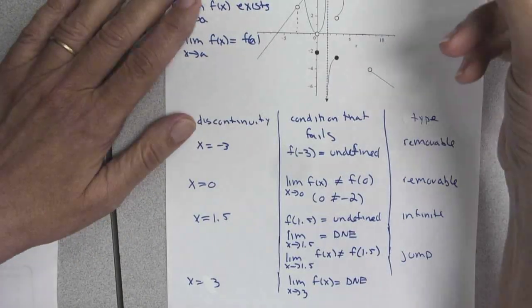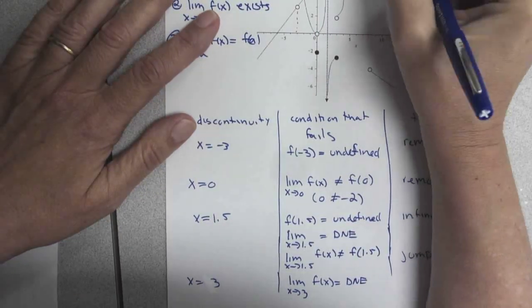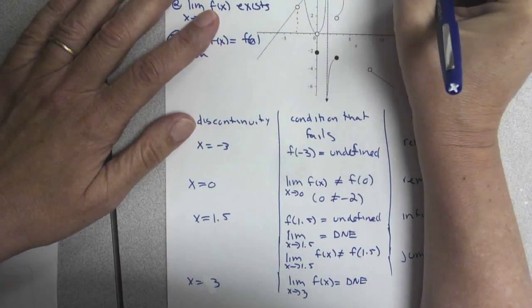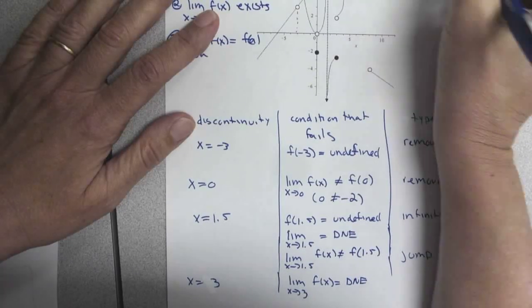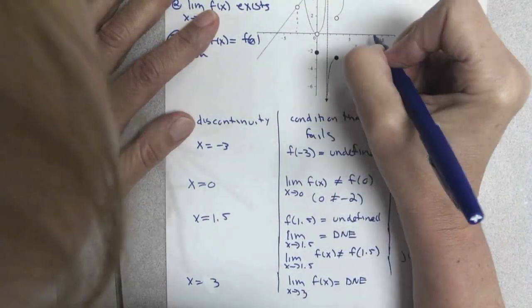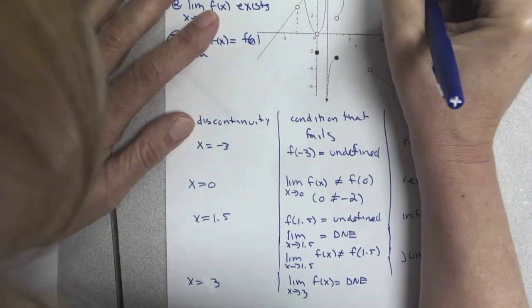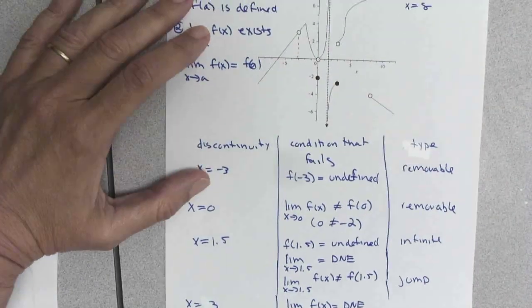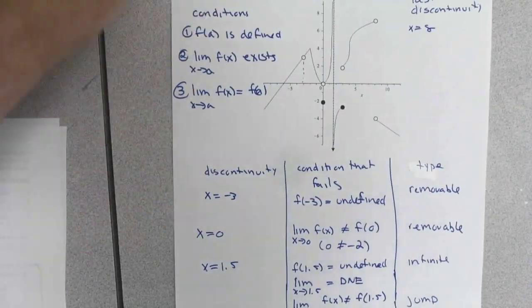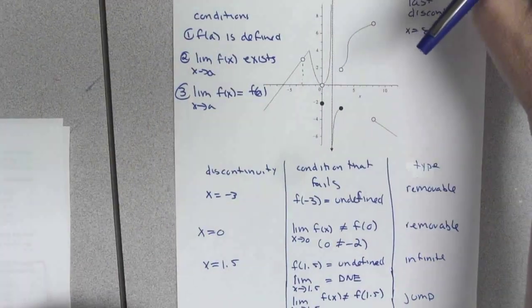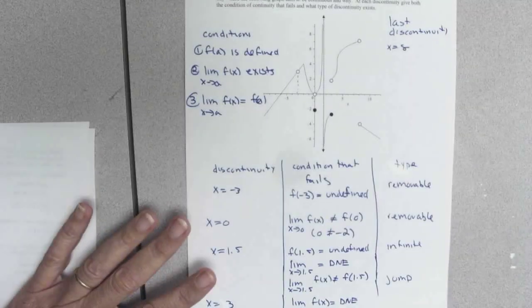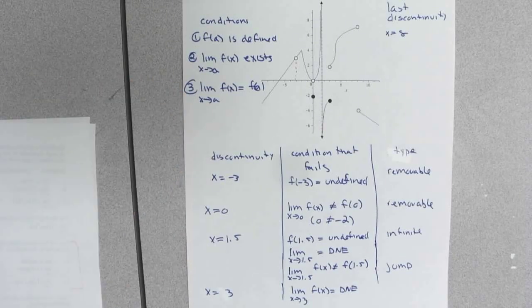And we'll do the last one up here. The last discontinuity would be at x equal 8. I'll bring it down so you can see it. Maybe if I go out a little bit. Yeah, there we can see everything. x equal 8.